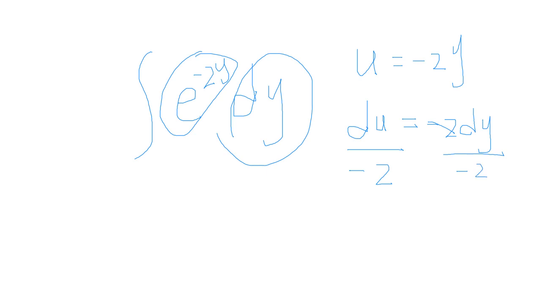So dy is, we just have to offset with a negative half. Then we can change this one to be du, this one to be u. So this is just a negative half of u du.